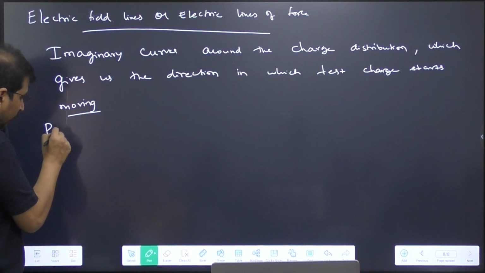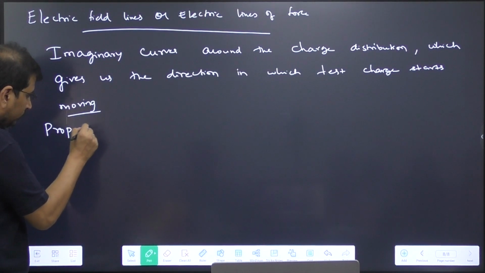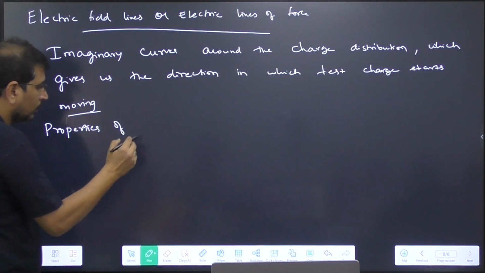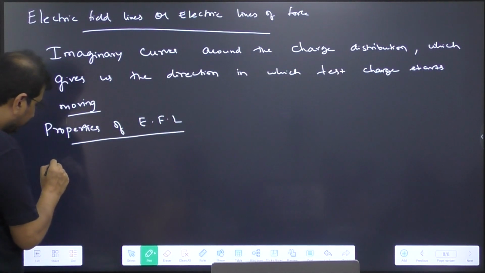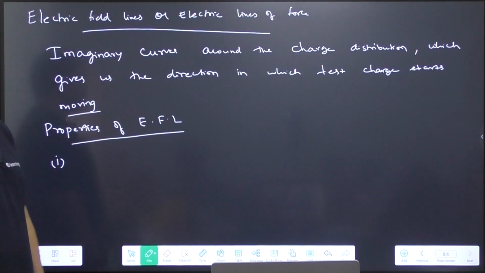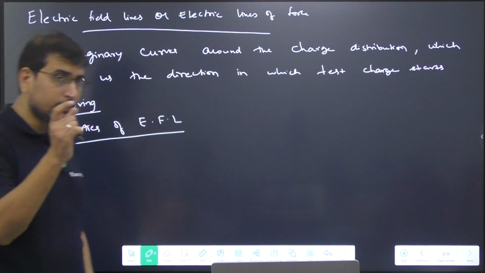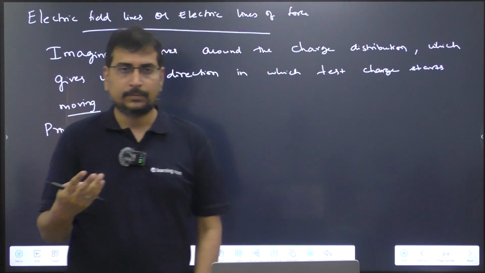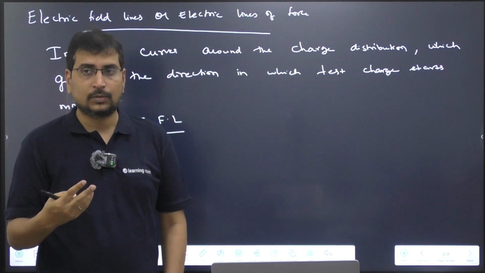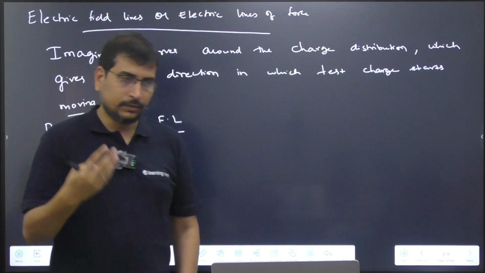So, when I talk about the properties of electric field lines, first thing, what is it that you observe? They are always for an isolated positive charge. For an isolated charge itself, for positive charge, how are the field lines? Was it towards or away? Away.